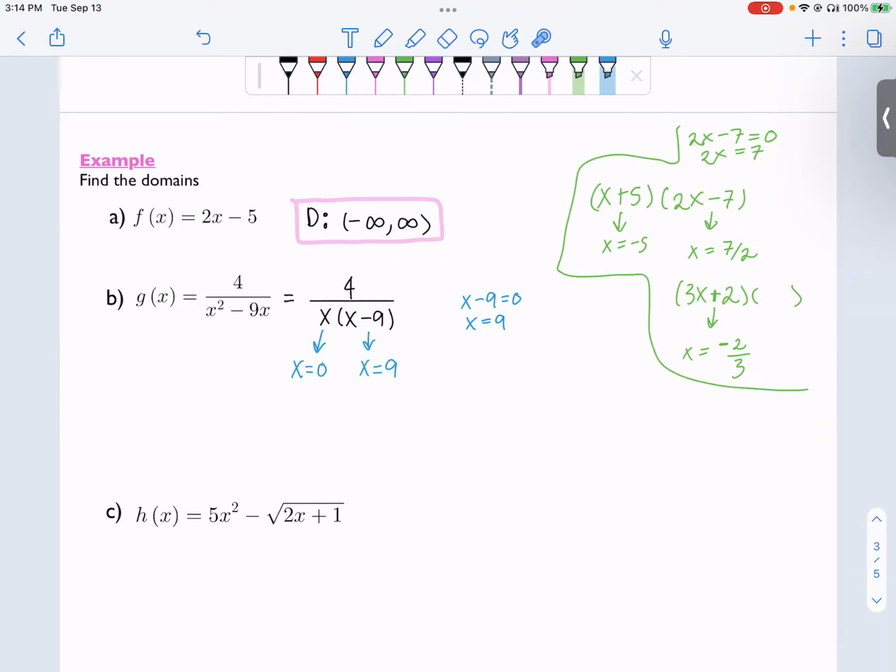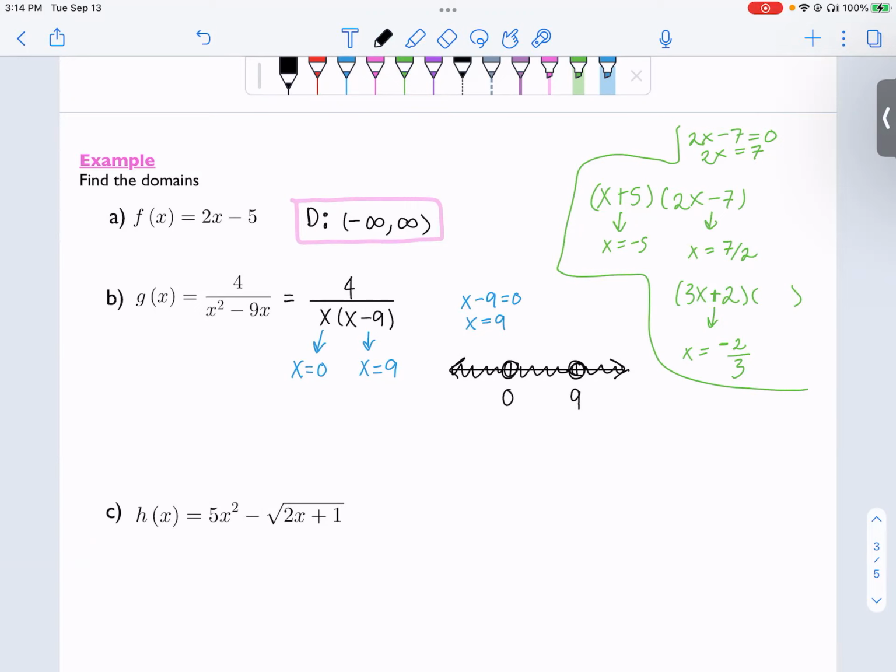Here, back to the problem, these are the values we want to exclude. Right? We want to exclude 0 and 9. So on a number line, 0, 9, I am excluding these values.